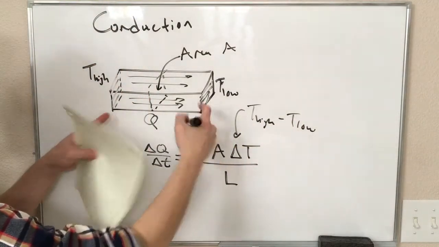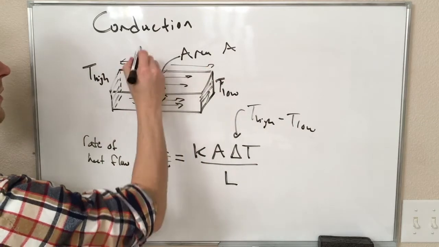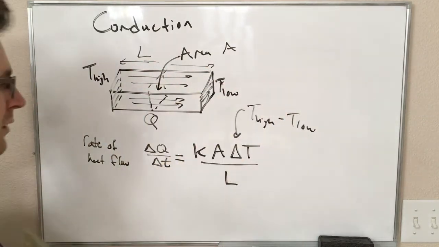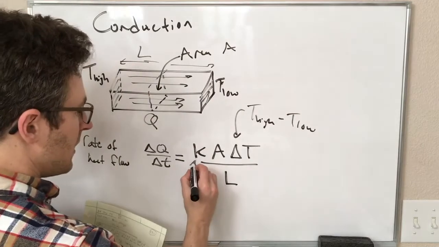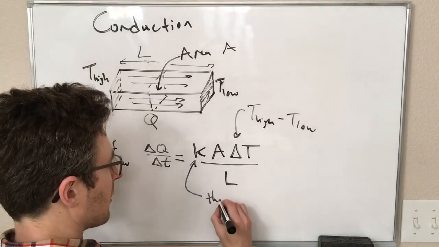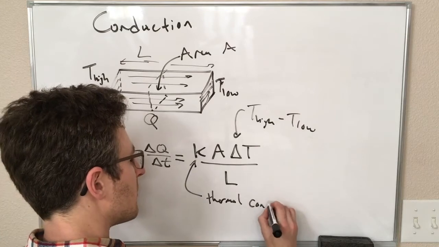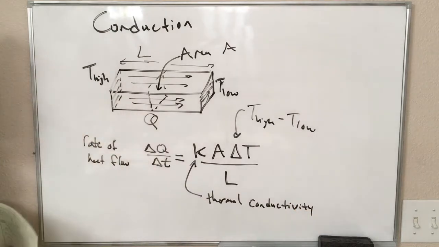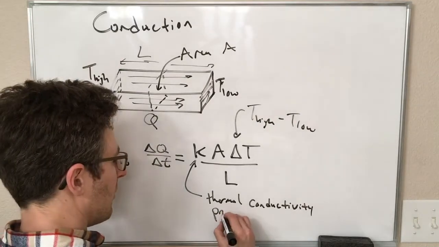L is the length. That's very straightforward. And K is a variable called the thermal conductivity. This is a property of the material.